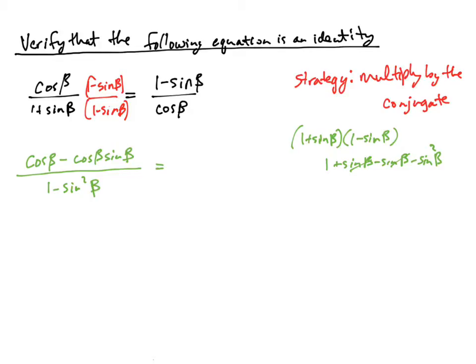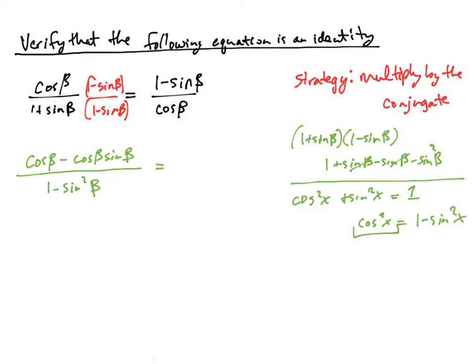And 1 minus sine squared is a form of the Pythagorean identity. Cosine squared plus sine squared is equal to 1. If we subtract sine squared over, we get cosine squared equals 1 minus sine squared.